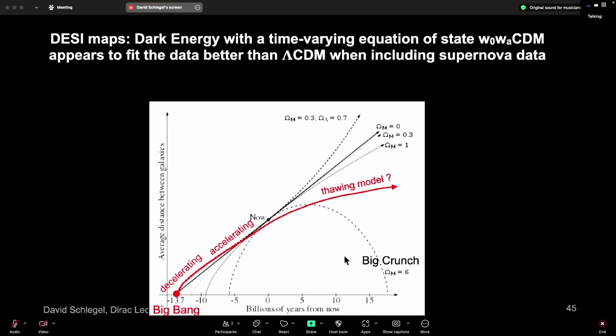Okay, and then tomorrow what we're going to hear is how these data don't quite fit even our simple dark energy models. But I learned yesterday we're calling this the Wawa model. So they better fit the Wawa model.